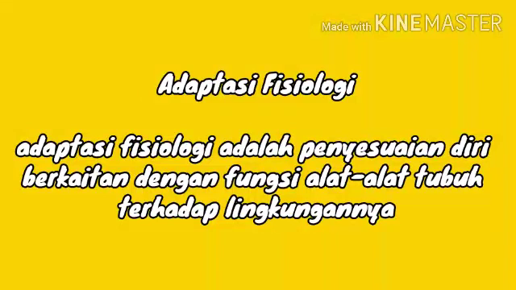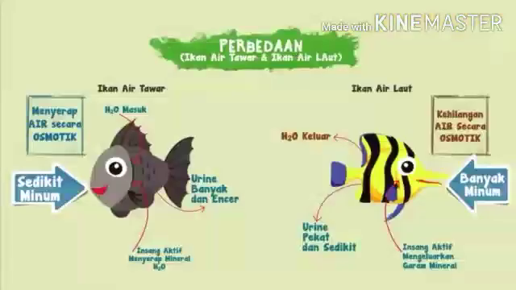Physiological adaptation. Physiological adaptation is adjustment related to the function of the organs of the body to their environment. Example of physiological adaptation in freshwater fish. The body fluids in freshwater fish contain a higher level of salt than the water in their environment, so the water in the environment will enter the fish body by osmosis.